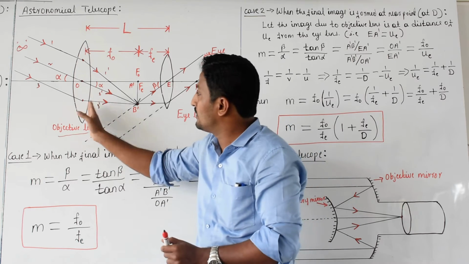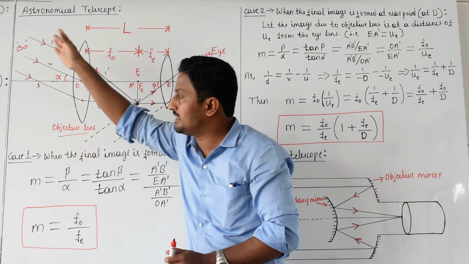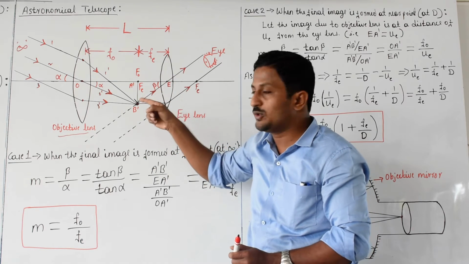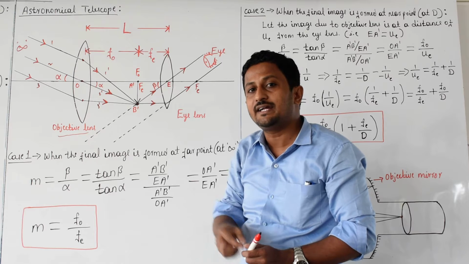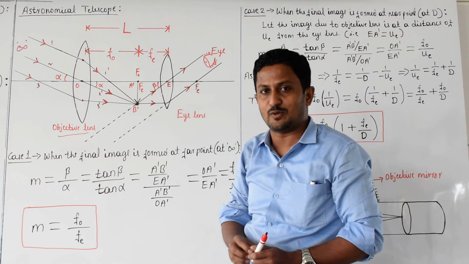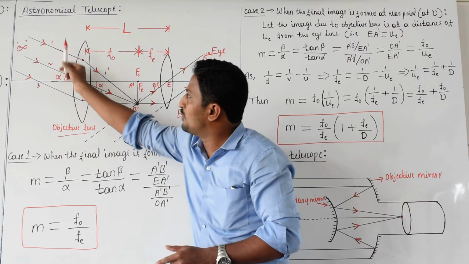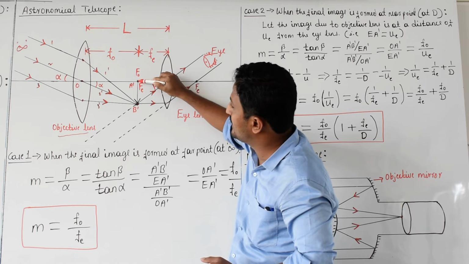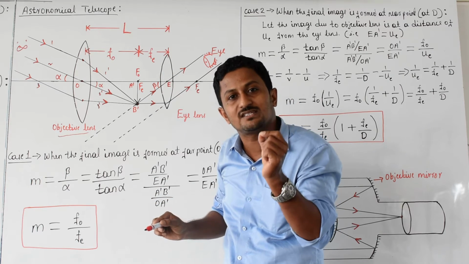And one thing you should know: when the object is at infinity, that biconvex lens is obviously going to produce the image at its principal focus point. That we already discussed. Object is at infinity, so the image should be at the principal focus point of that biconvex lens.